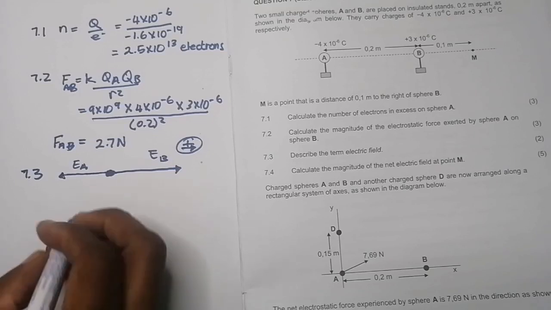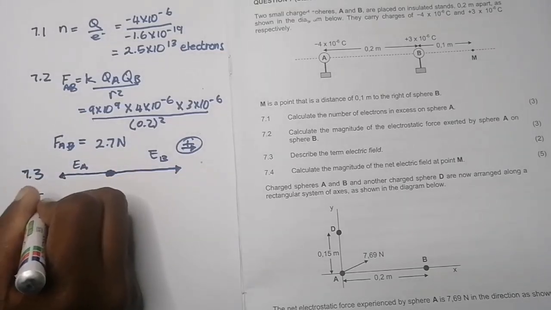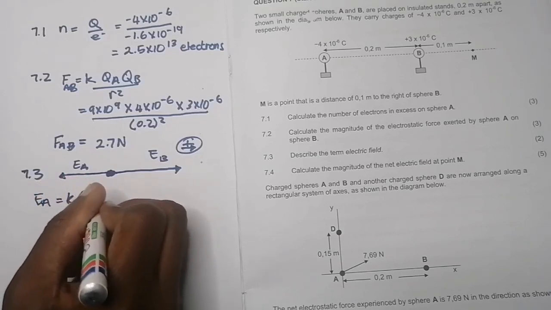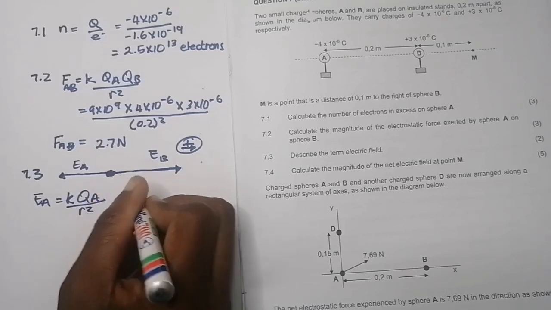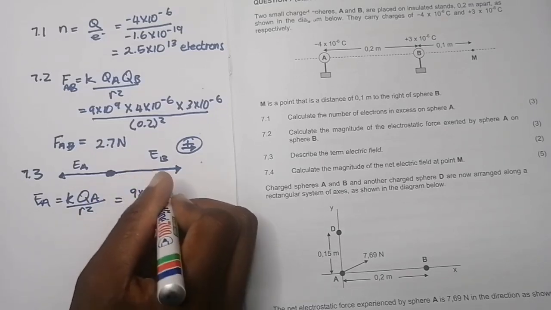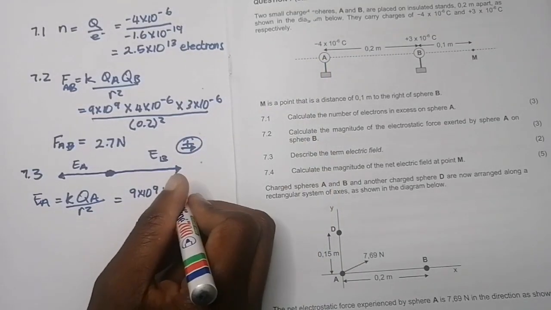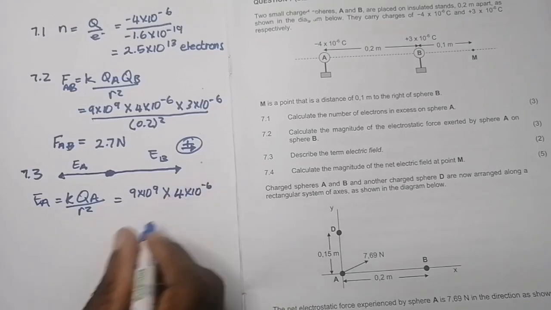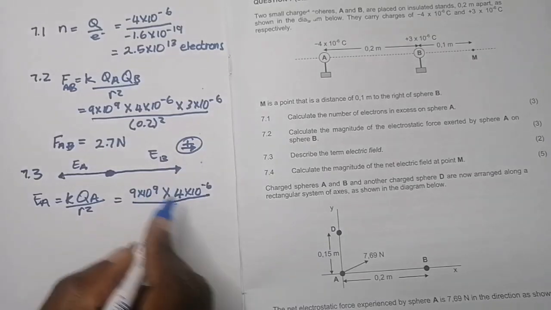All right, so now let's find out what the net field is. Let's calculate the field due to A. That's going to be K, the charge of A divided by R squared. Now that's 9 times 10 to the power 9 multiplied by the charge of A. We said that's 4. And remember, once again, you just substitute the absolute value of the charge and not the sign.